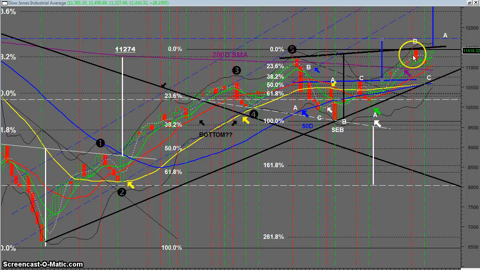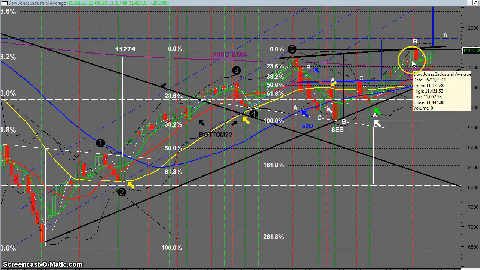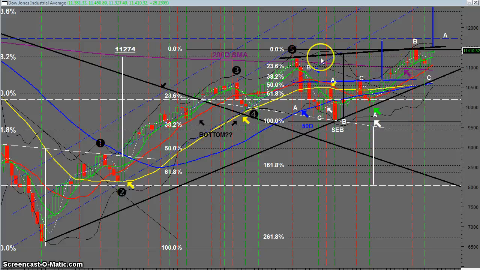I was talking to Rob about this a while back, and I thought it was going to come up and do the cup and handle back here, but then we had this one week that shot up, and I went no, because I thought we were going to double top up here. I think I did post on HotCopper somewhere that it could either do that, double top and come back down, or do the cup and handle and go back up.